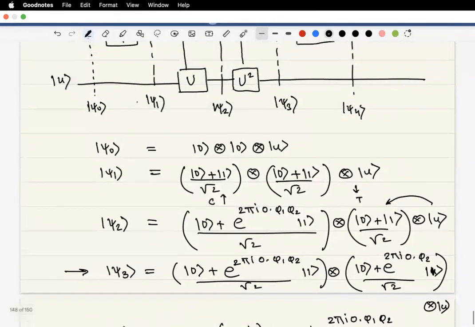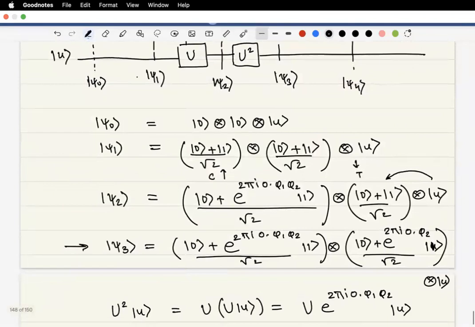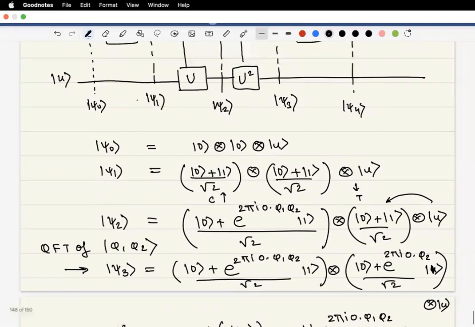Now notice that this is the Fourier transform of phi1, phi2. So this is the FFT, or the QFT, of phi1, phi2. So all we have to do is apply the inverse Fourier transform at the very end.